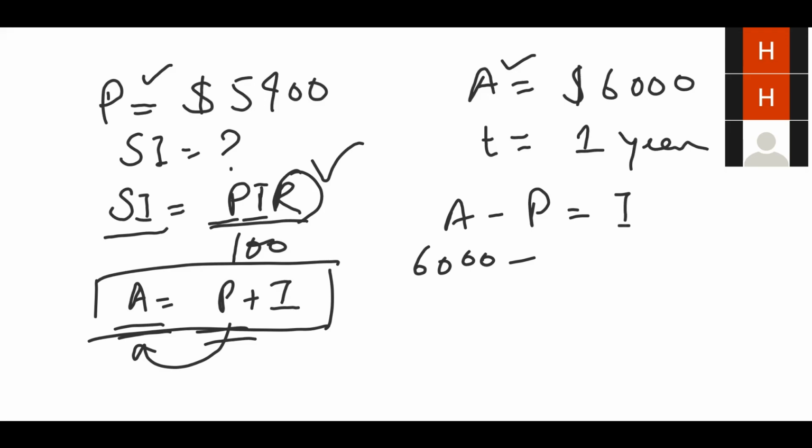We're only supposed to find the simple interest. So 6,000 minus 5,400 gives you your simple interest, which comes out to be $600.